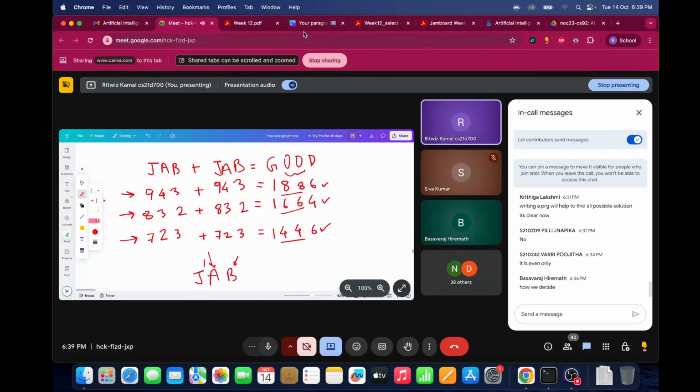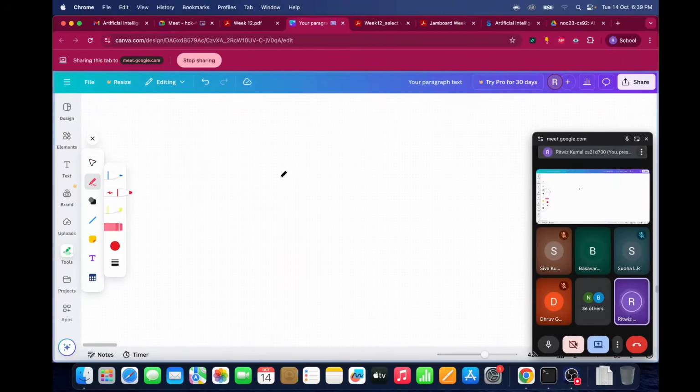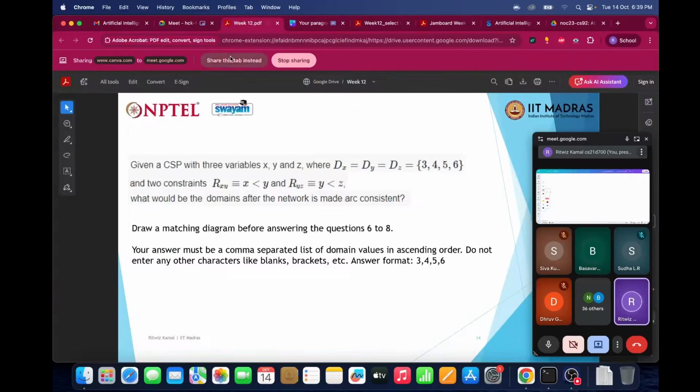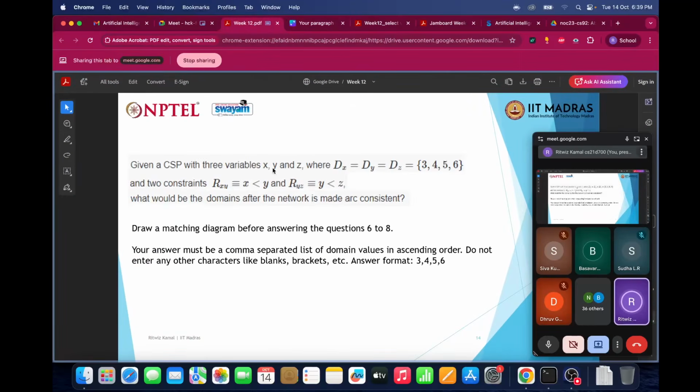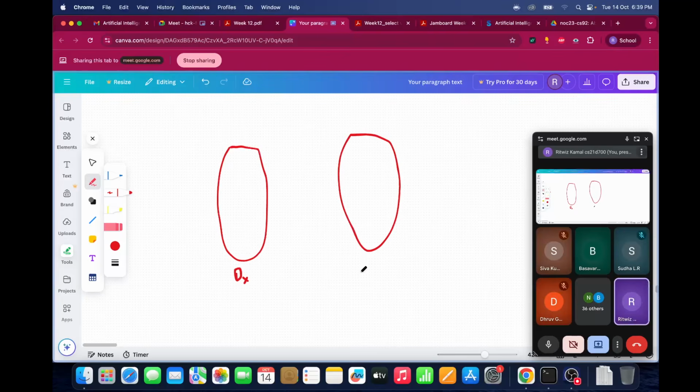Okay, so let me familiarize you with the problem setting that we are going to deal with next. Here we have three variables, x, y and z. Let's write that down. Corresponding to each variable we will have a domain. Let's denote that with this oval over here, and with this symbol d subscript x, which denotes the domain of x.